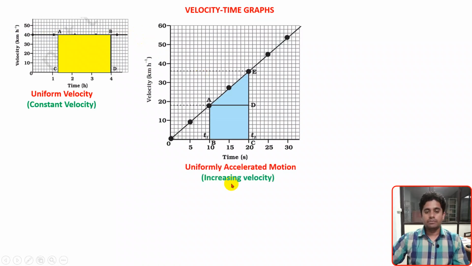Then we have studied uniformly accelerated motion where velocity is increasing. The plot shows that when the time interval is dt and the corresponding change in velocity is dv, if I take the ratio dv divided by dt for this first time interval and compare it with dv divided by dt for the second time interval, that slope is constant.